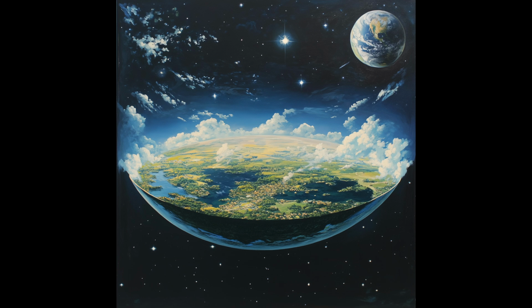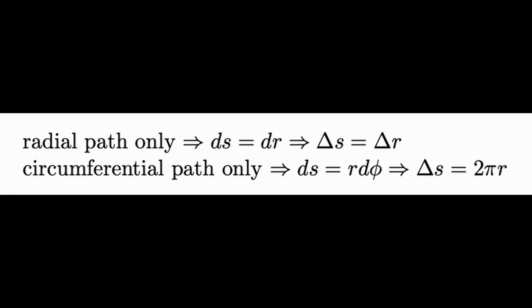If Earth were flat, we would use this metric to measure distances along its surface. As expected, with this metric, we find that traveling a total radial distance r means that we only measure a total distance of r. Traveling the circumference of a circle with radius r0 gives us a total distance of 2 pi times r0, which is the circumference of a circle.